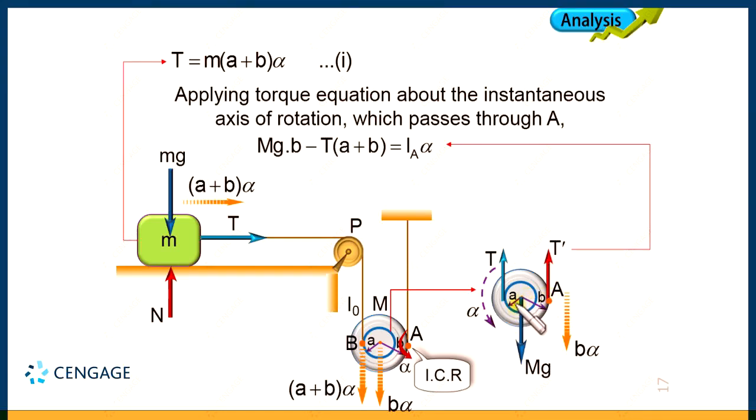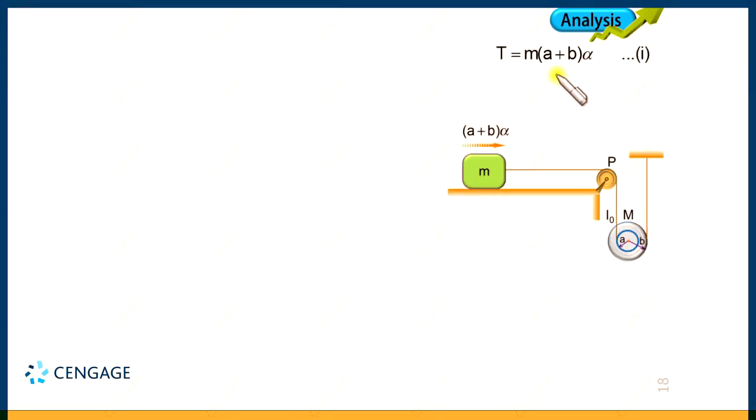So the moment of inertia of this step pulley about A is I naught plus Mb square. This is the value of IA, equation number 2. Let us write equation number 1 and equation number 2 on the next page.